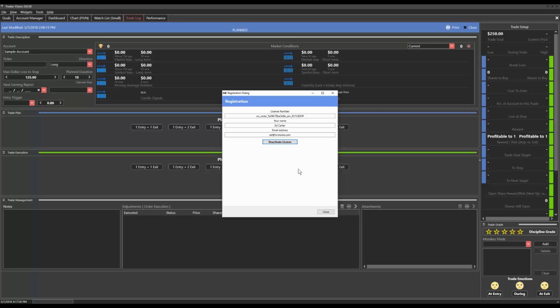Almost always it means you've copied and pasted, and there's an extra space before the W or after the last character of your license number. So check for that. Same thing with your email address. That's what the red diamonds mean.